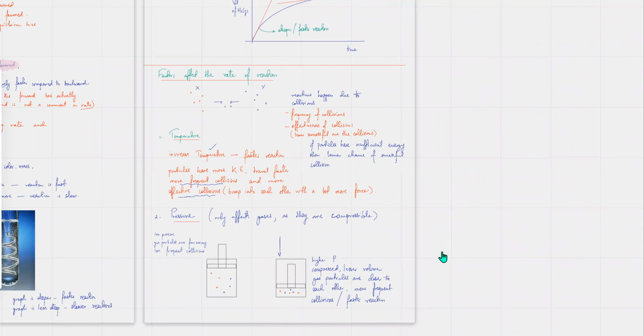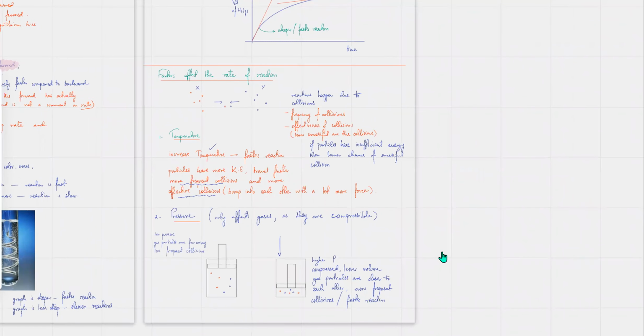The next one is factor number 3, that's concentration. And when we talk about concentrations, we're talking about solutions.